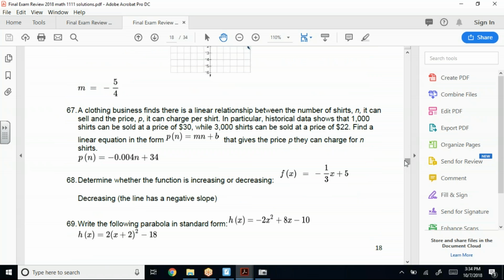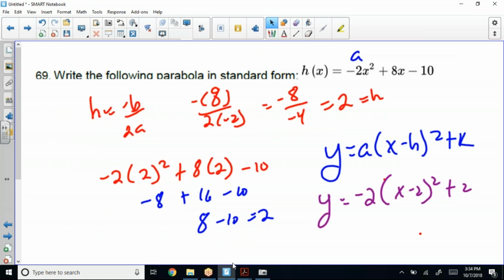No, there's a problem with that. I got this. Did you? Then there's an error on that, so that's something that they'll just be aware of. So there is an error on number 69. It should be this.